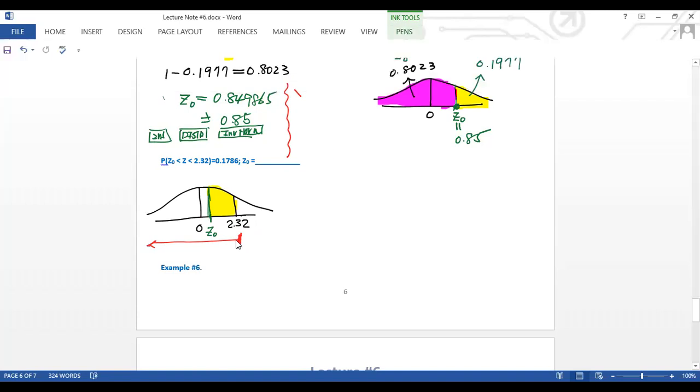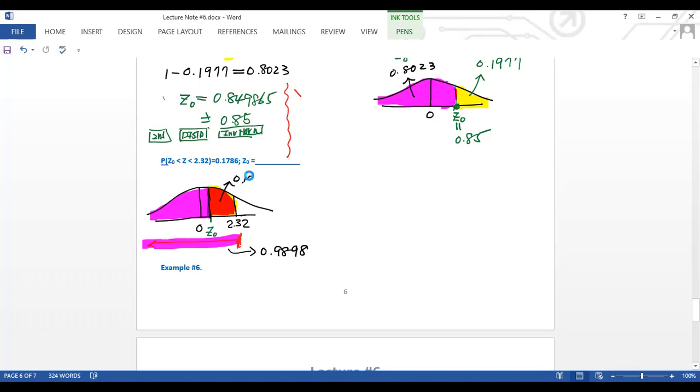So this is the area I just found. Correct? That means this is the area I just found by using the calculator. So what is this area? This area is 0.9898.